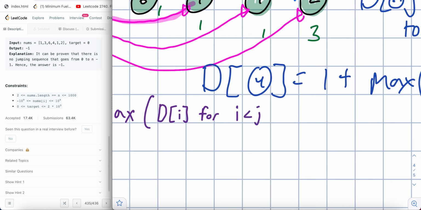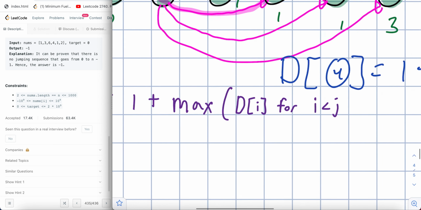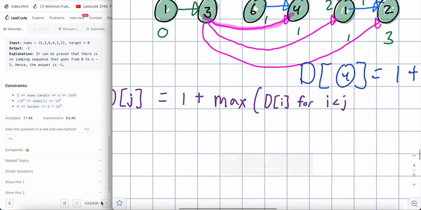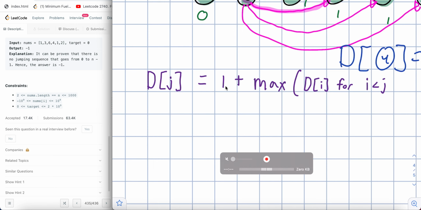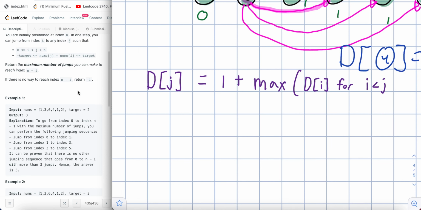So what I'm basically saying is the longest path to get to D of j is 1 plus the longest path to get to any of the nodes to the left of me, right? Any that have already been traversed. So we think of it in reverse: before we were thinking to get from I to j, now we're thinking to get to j from I. Well, we can only jump from I's that are less than j, that's the first constraint.